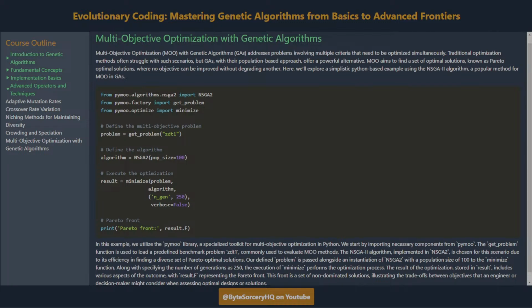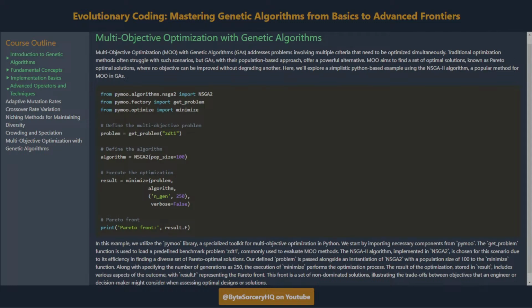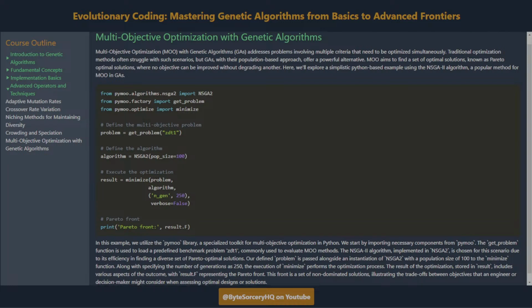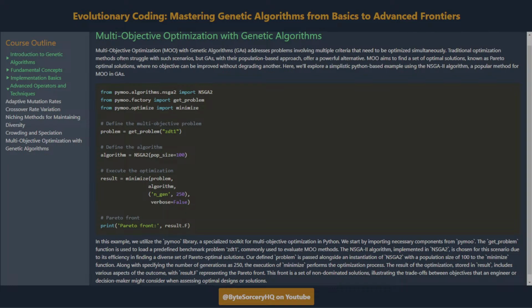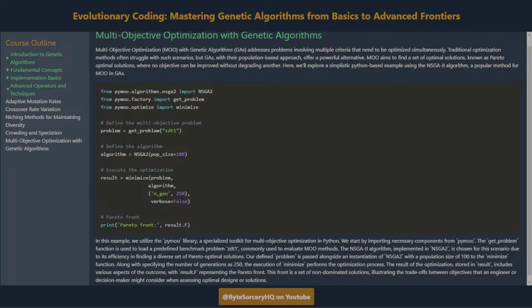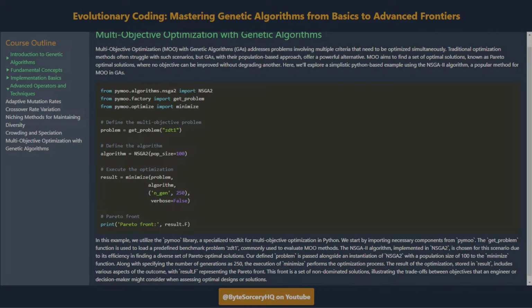We start by importing necessary components from pymoo. The get_problem function is used to load a predefined benchmark problem, ZDT1, commonly used to evaluate MOO methods. The NSGA2 algorithm, implemented in NSGA2, is chosen for this scenario due to its efficiency in finding a diverse set of Pareto optimal solutions. Our defined problem is passed alongside an instantiation of NSGA2 with a population size of 100 to the minimize function.